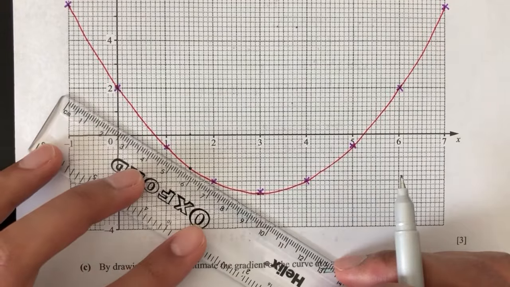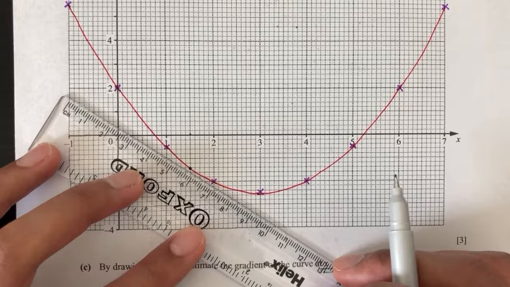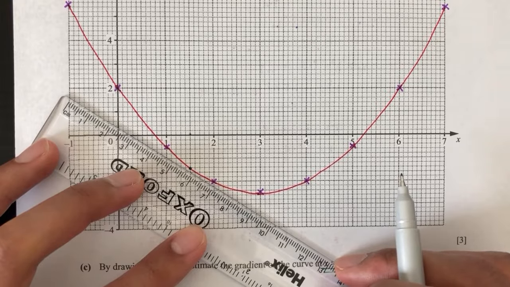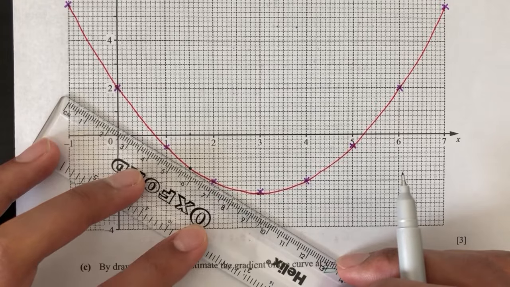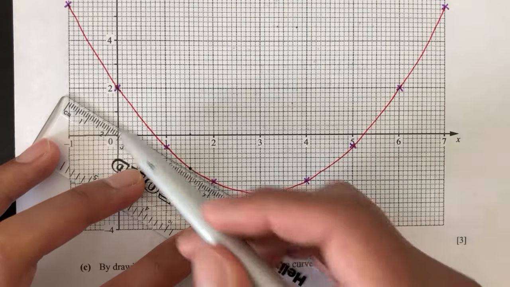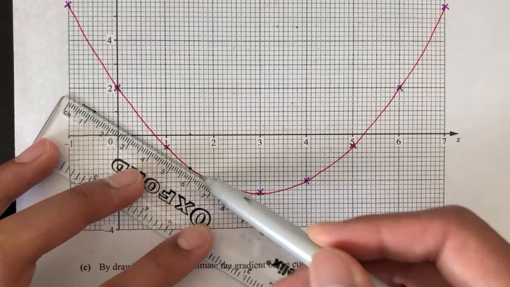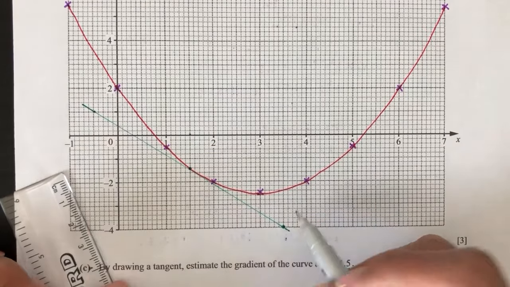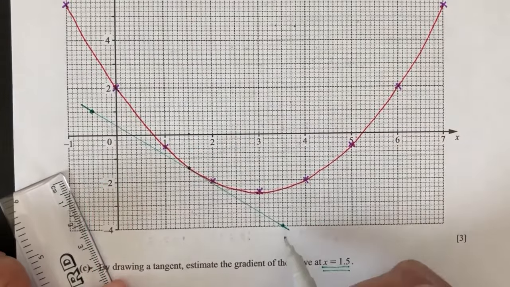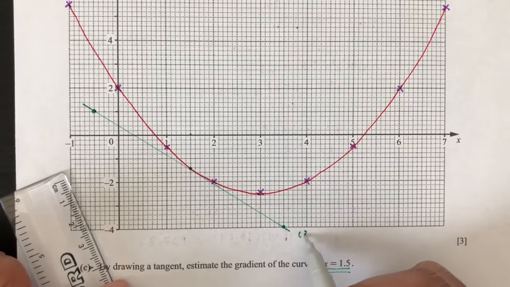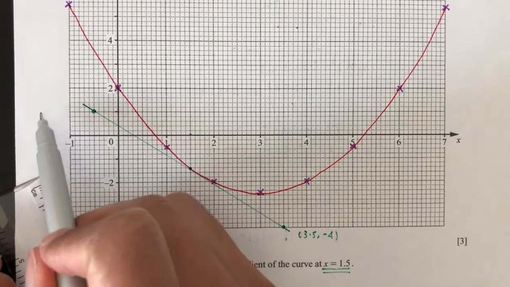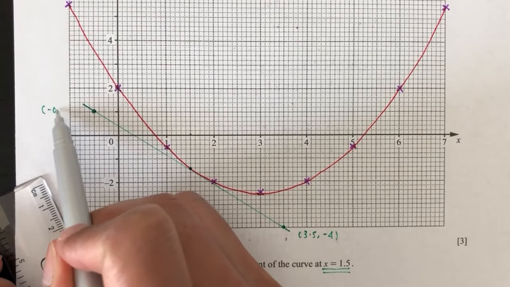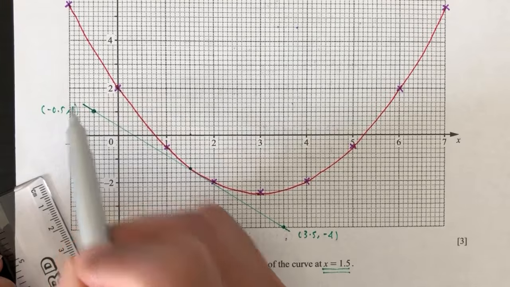So let's find 2 points that it goes through, so we can find the tangent correctly. So I have 1 point here, and I have 1 point here. So this point is 3.5 and minus 4, and this one is minus 0.5 and 1.